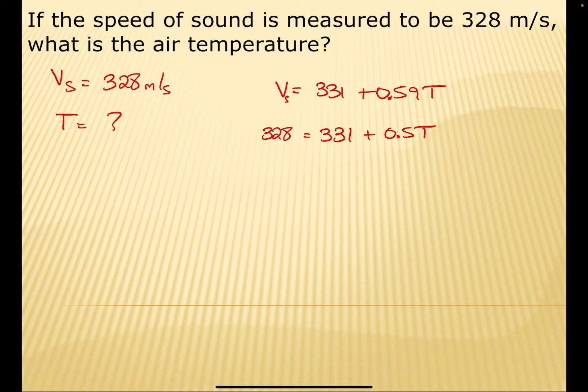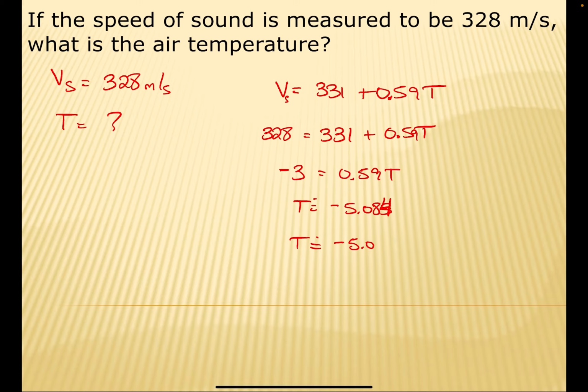So let's try this. 328 minus 331 is negative 3. Whoops, I forgot my 0.59 T right there. Negative 3 equals 0.59 T. Divide by 0.59. Temperature is approximately negative 5.08, let's get good sig digs here.